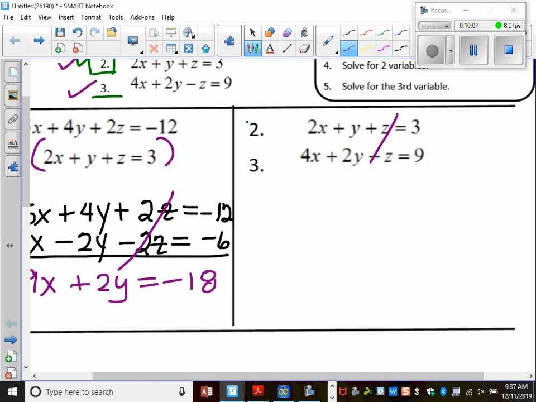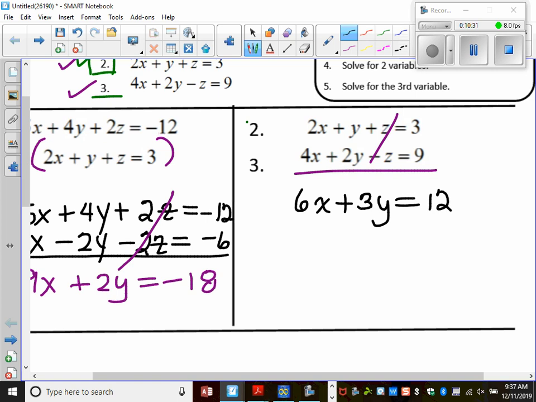One's positive, one's negative. They cancel out. And when I add these together, I'm going to have 6x plus 3y equals 12. Okay. All right, so I have just eliminated the z's in both.